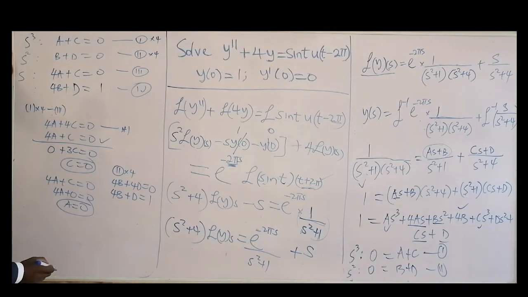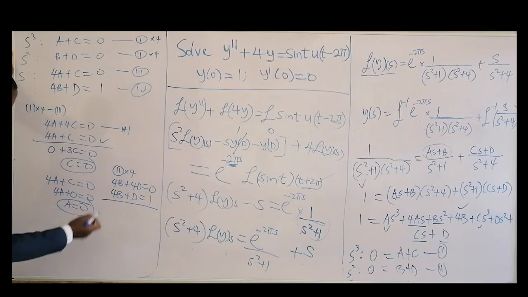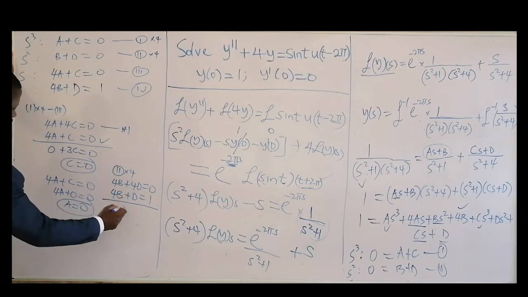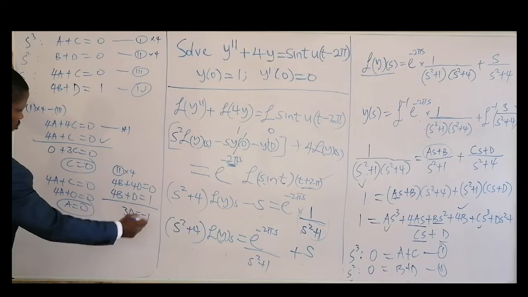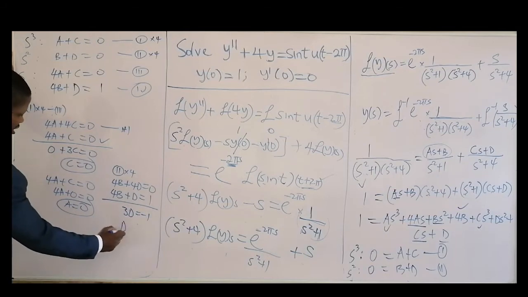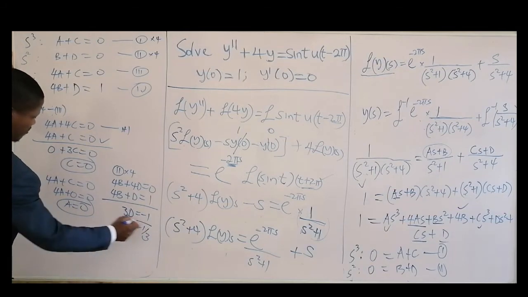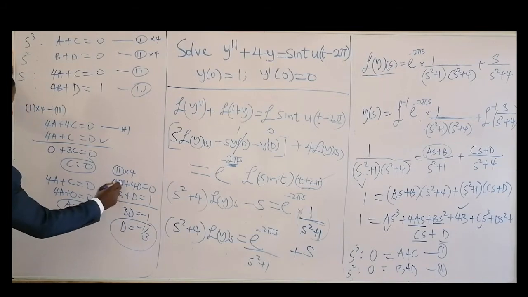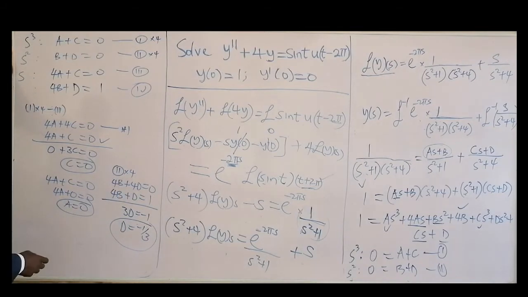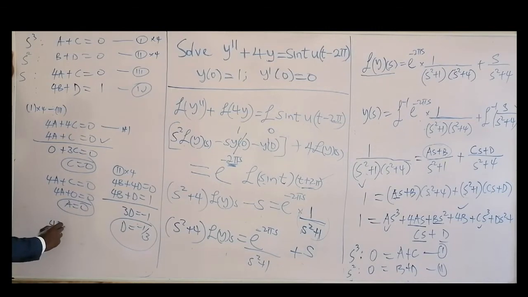So this is what we have. Then we can subtract: 4b minus 4b is 0, 4d minus d is 3d, equal to 0 minus 1, which is minus 1. So d is minus 1 over 3. With that, we can go to either of the two equations, 2 and 4, and substitute.